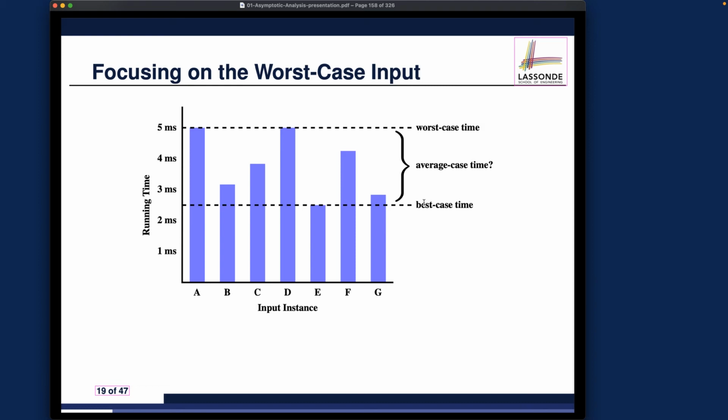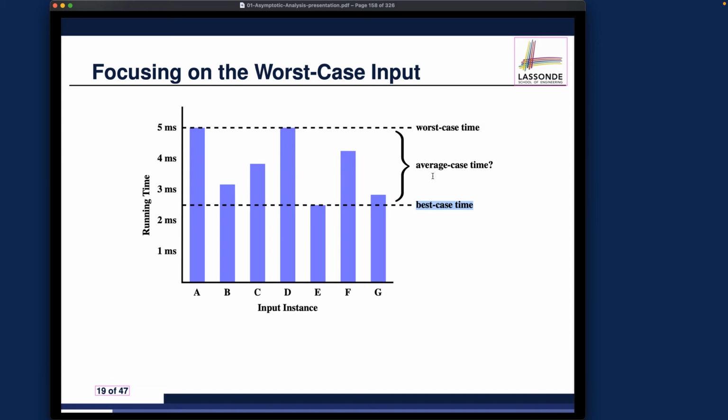Think about this more like a statistical summary of the running times, similar to what we saw earlier. If you want to give the best case time for your algorithm, simply choose the minimum running time, which is over here. Whereas if you want to know the worst case, it should be here. So what's the implicit assumption behind this particular graph?